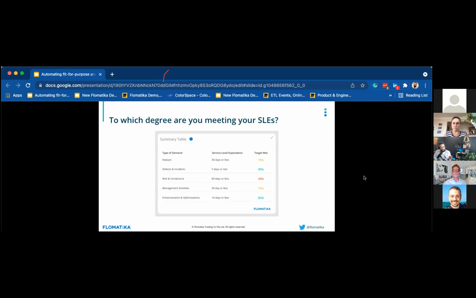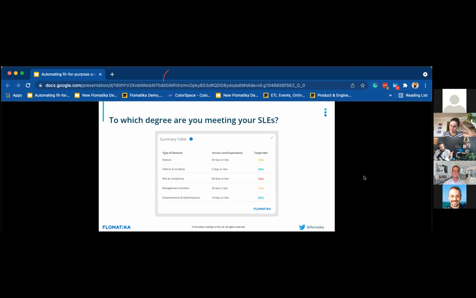Defects and incidents, on the other hand, are expected to be completed in 5 days or less, and in that case, they are met 9% of the time. Risk and compliance, only 48% of the time for 60 days or less. So that's one of the ways this can manifest itself.